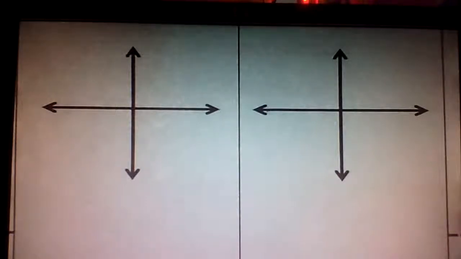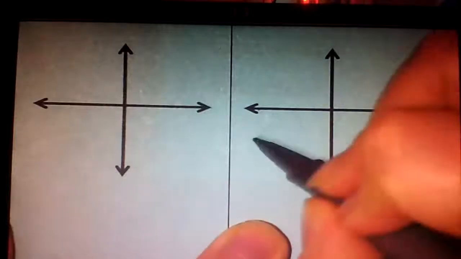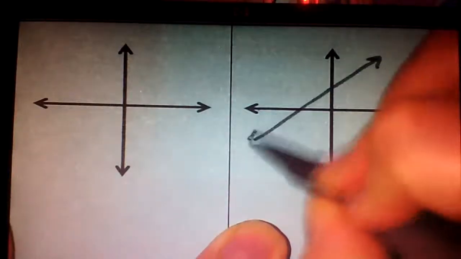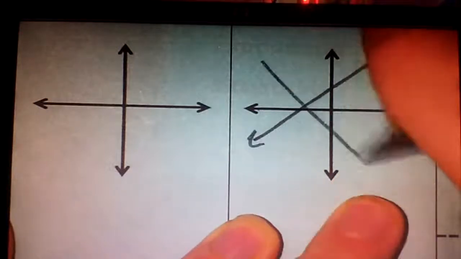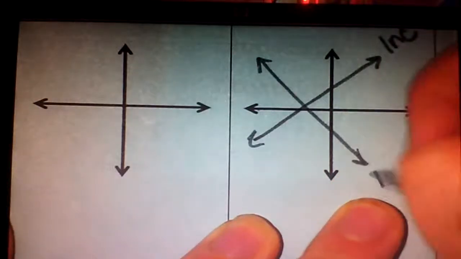Okay. So when I'm looking at graphs, what does a linear graph look like? Straight line. Okay. So you can have a linear graph that increases or a linear graph that decreases.